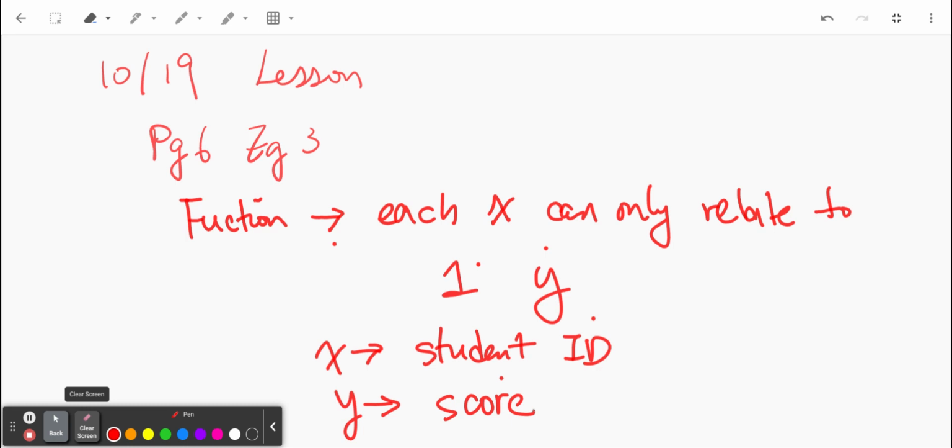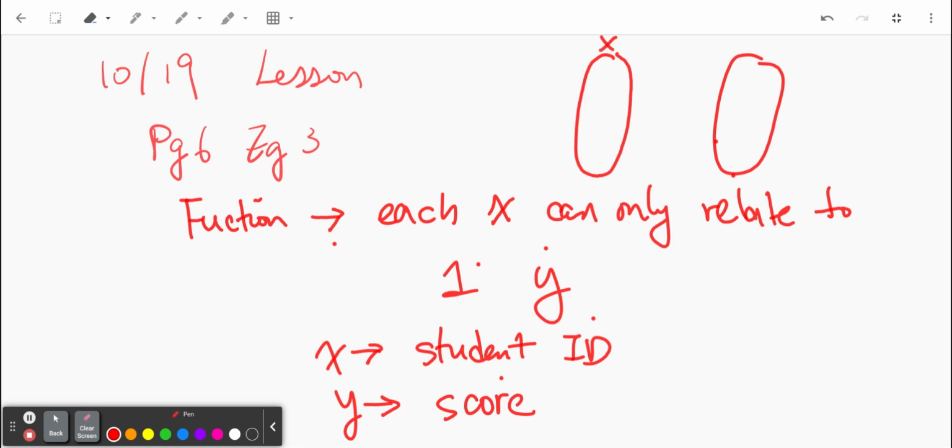So the relation of a function is one x can only assign to one y. So if the x can only go to one y, it's a function. But if x goes to two y's, it's not a function. But if y goes to x, that's fine. You know why? Because look at TV here.